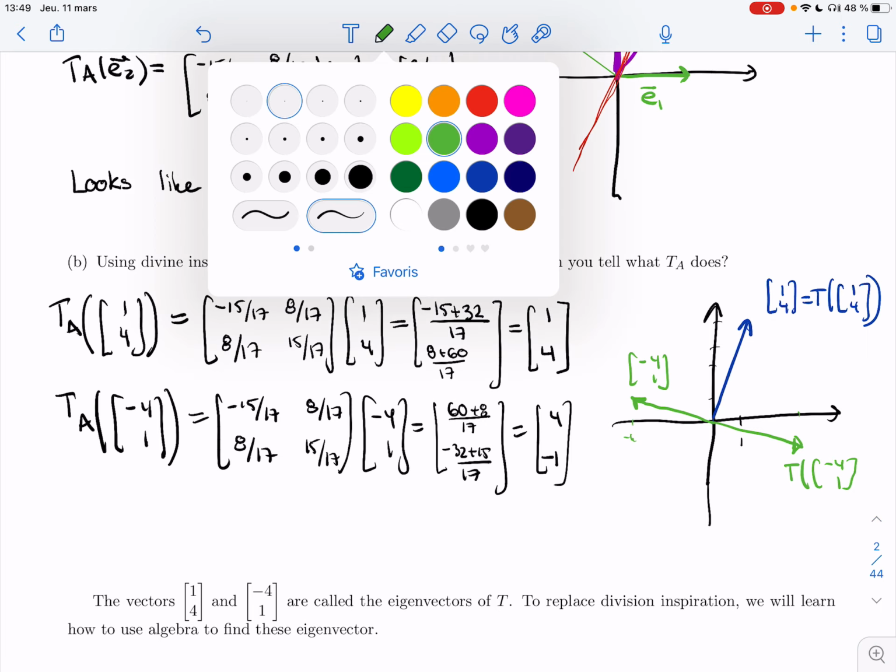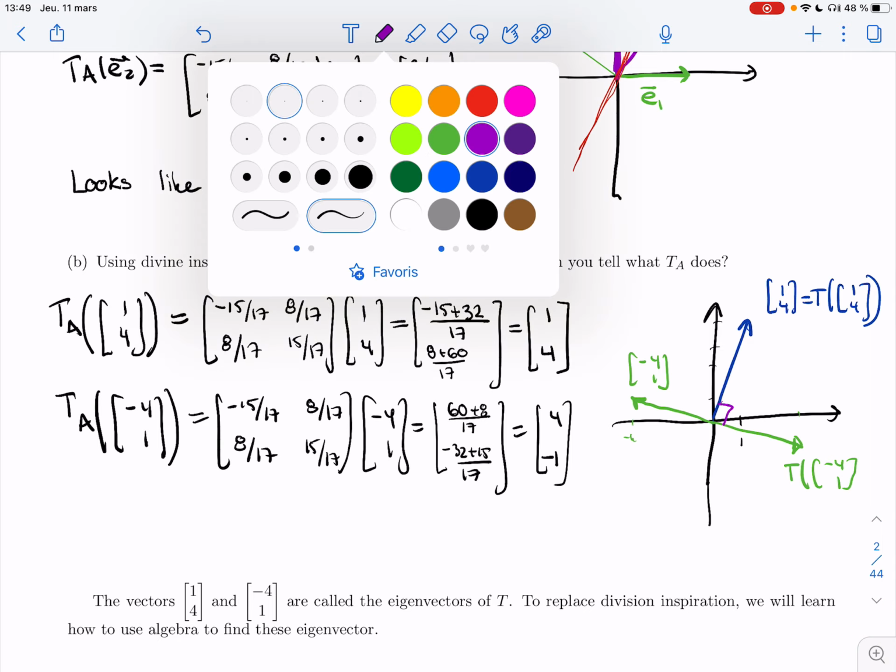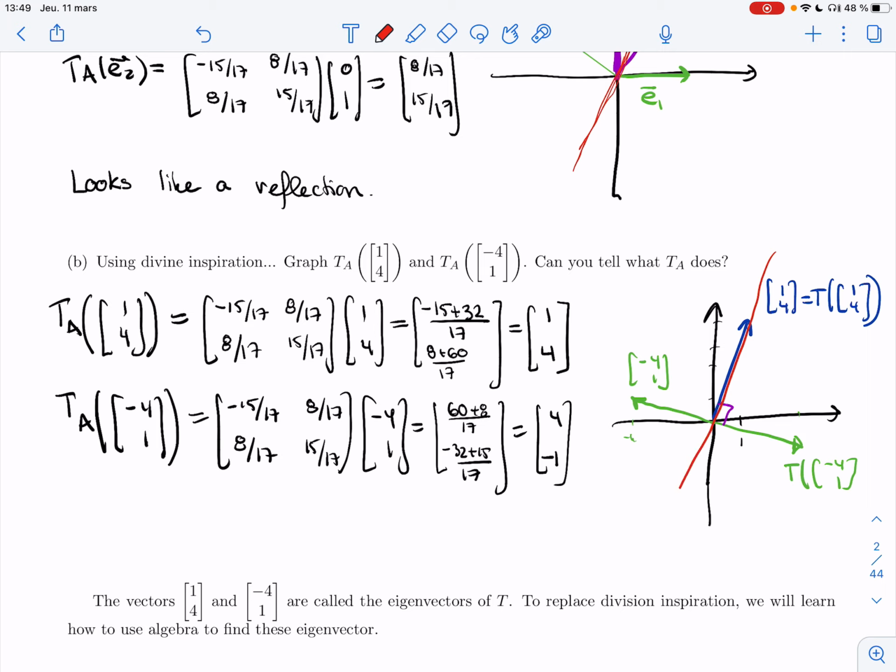And if you notice, that angle here is a right angle. So the vector 1, 4 is not moved. All right, I'm going to look at this line.